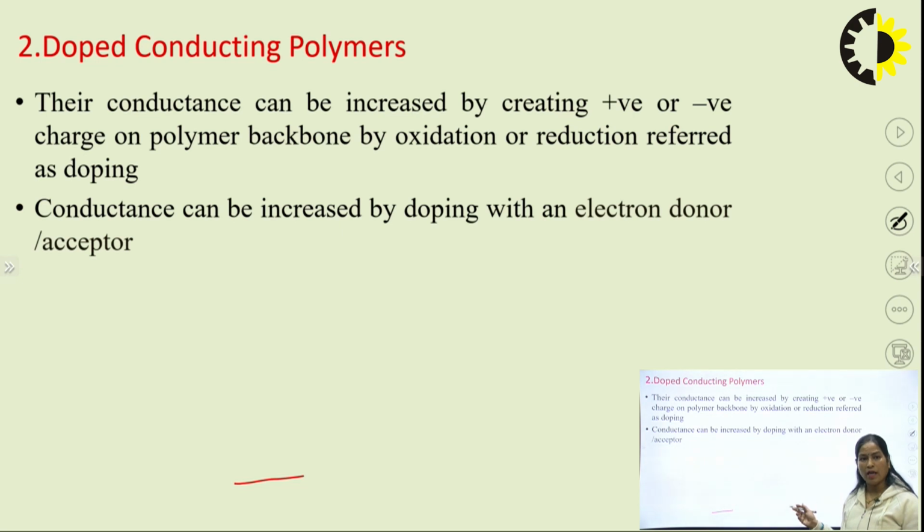The next class is doped conducting polymer. The class we studied just now, when we dope such systems, becomes more conducting in nature. By the doping process, we are actually creating either a positive or negative charge, and we are increasing the electron delocalization of the compound, so a compound with better conductivity can be formed.